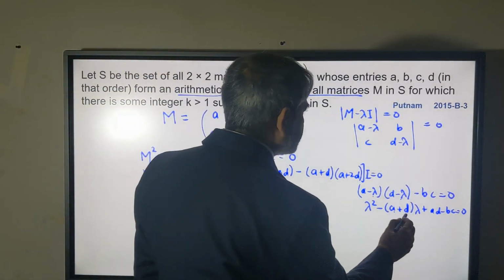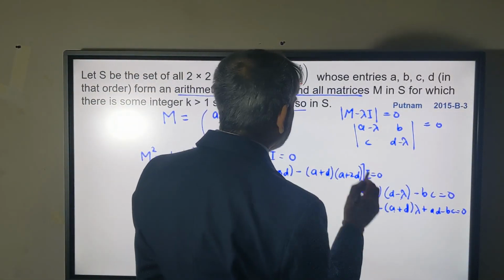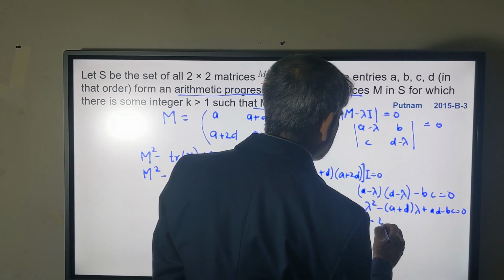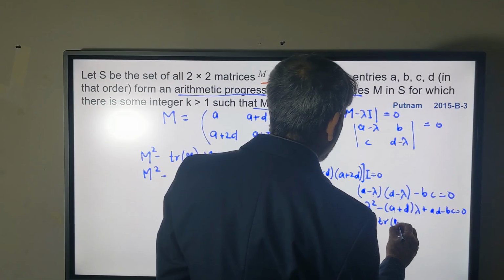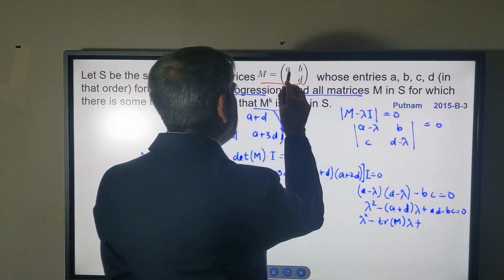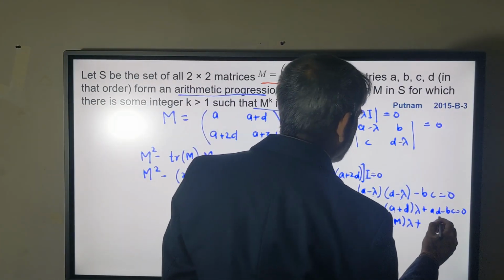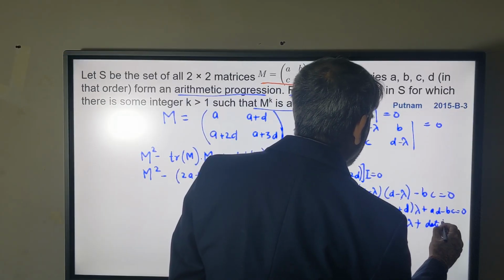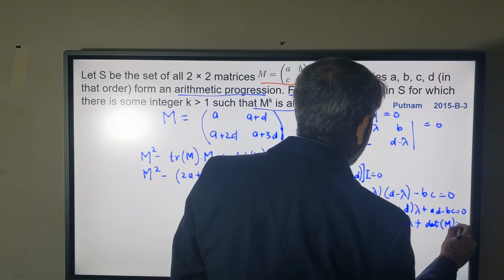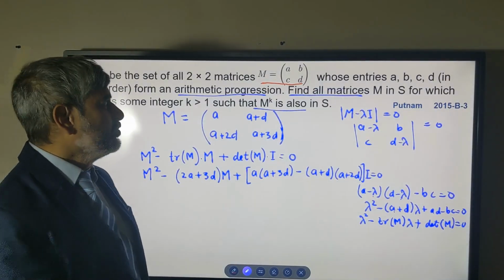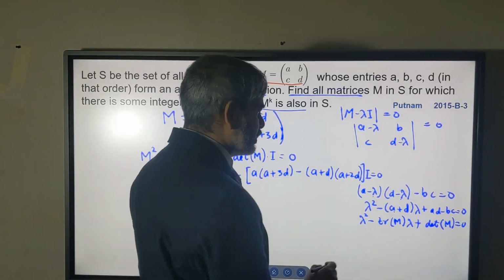Now A plus D is the sum of the diagonal elements, which is called the trace. So I write trace of M multiplied by lambda, and AD minus BC is the determinant of M. Now the Cayley-Hamilton theorem says that the matrix M will satisfy this equation.